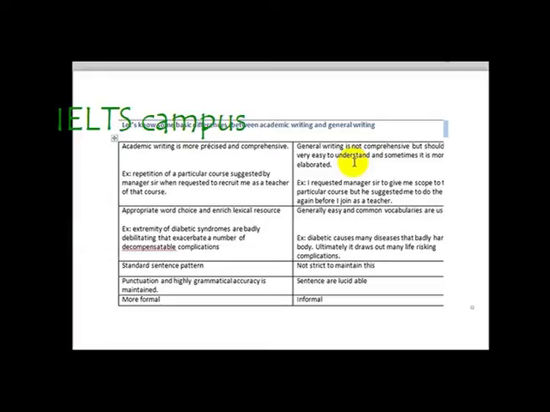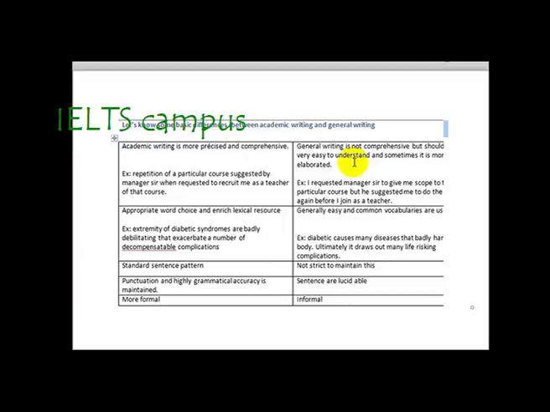So let's have an example of general writing: Diabetic causes many diseases that badly harm our body. Ultimately, it draws out many life-risking complications. So you can really assume that it's very easy, and the vocabularies are very commonly known to all.